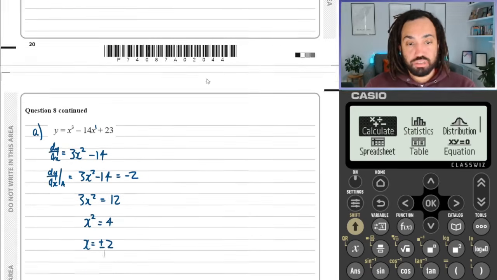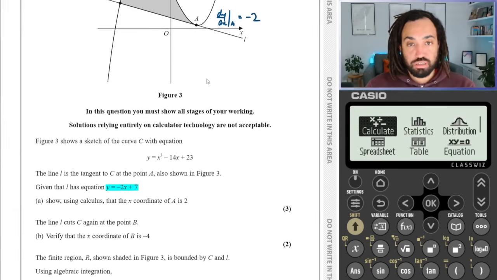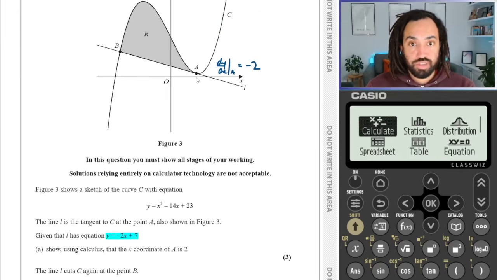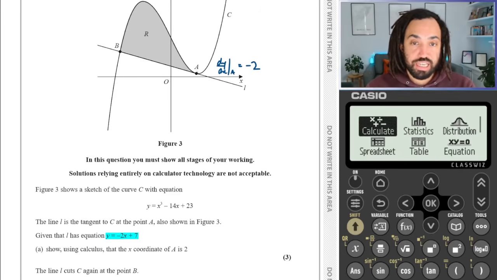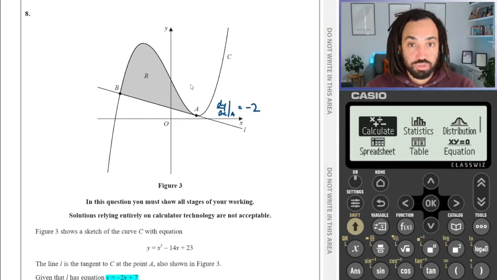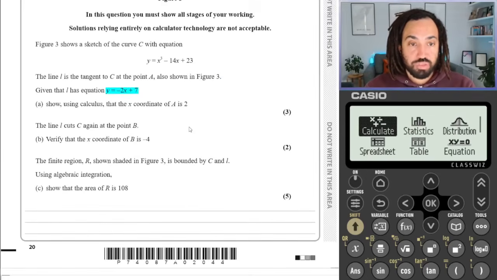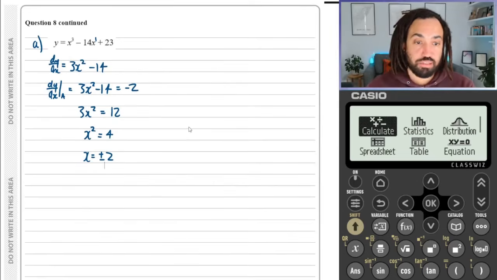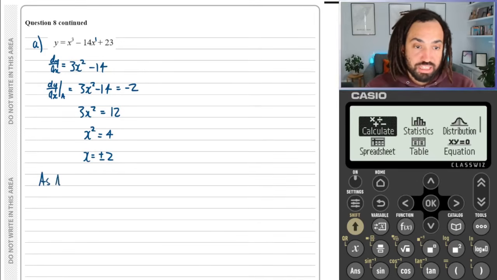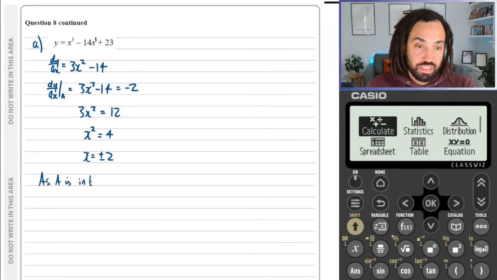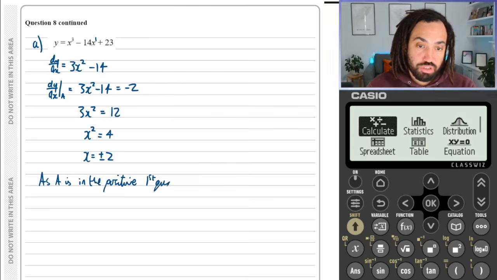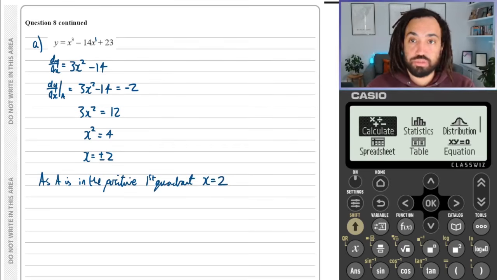But we have to use our knowledge of the curve here, and we can clearly see that A is in the positive quadrant, so the x coordinate must be positive. So we can say that as A is in the positive first quadrant, x equals 2.